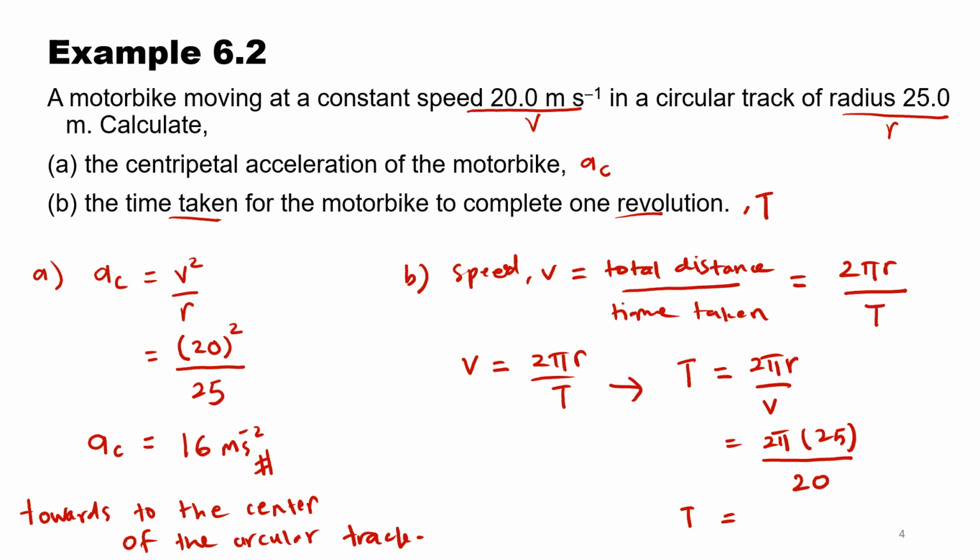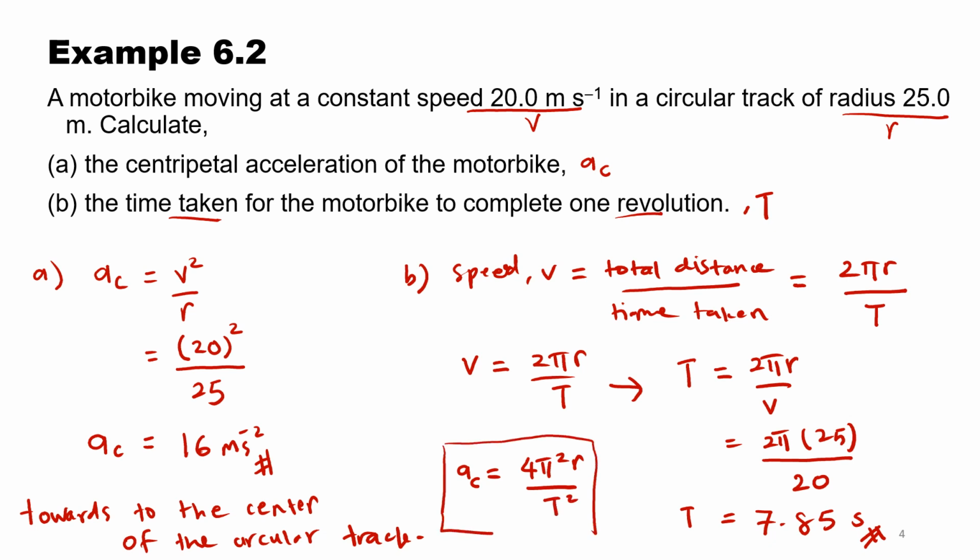T is equal to 7.85 seconds. We also can use directly the equation of AC is equal to 4 pi square r over T square. So we will get the same answer.